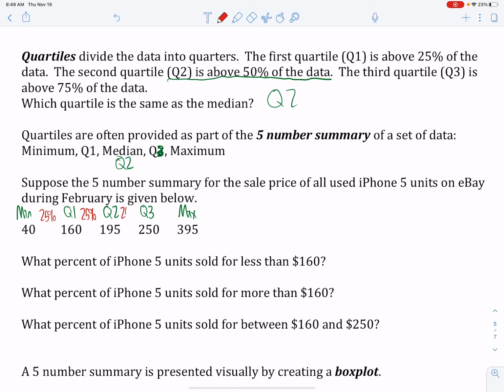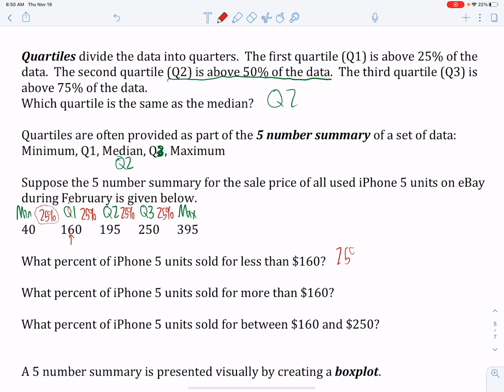There's 25% of your data between the second and third quartile, and 25% of your data between the third quartile and the maximum. So let's say we have this question that says, what percent of iPhone 5 units sold for less than $160? 160 is right here. Less than that is 1/4, 25% of our data.